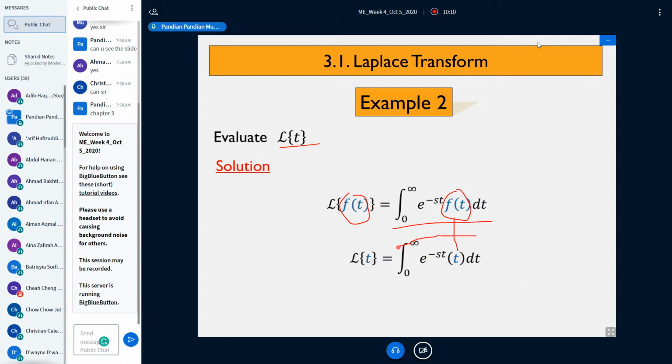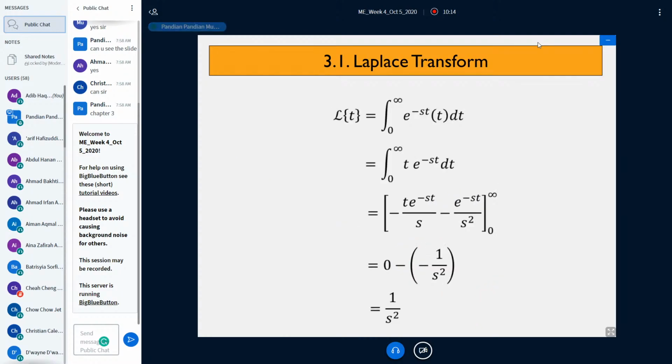To integrate this, you must know integration by parts. So you use u dv. I'm not going to show that, you do it yourself. Integration by parts: e^(-st) t dt, you bring t in front and integrate the other part with respect to t only.